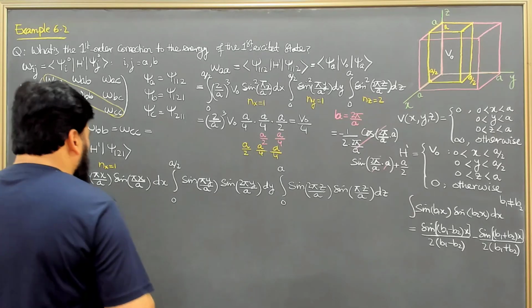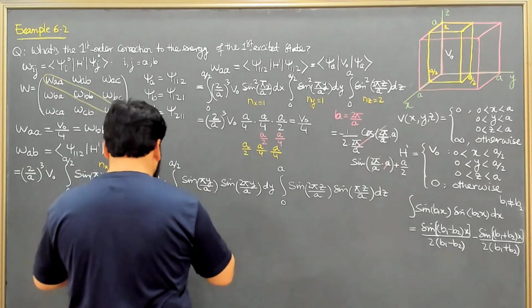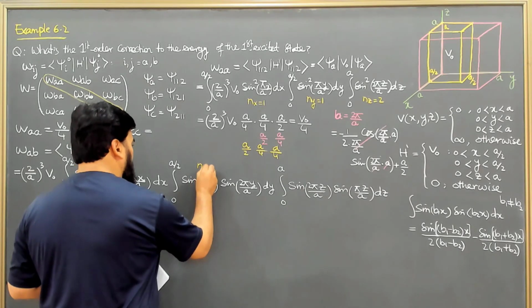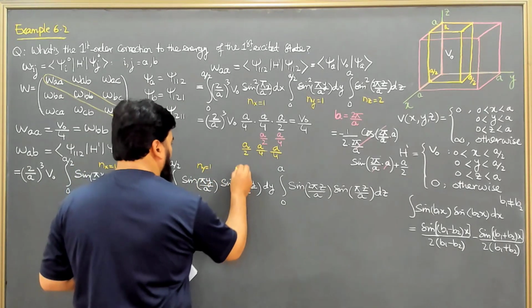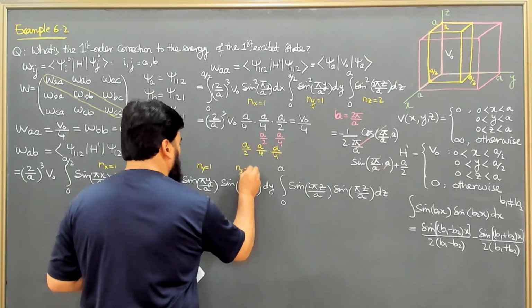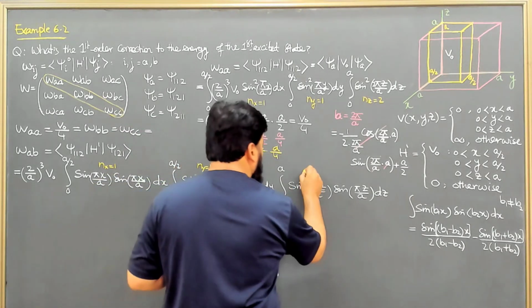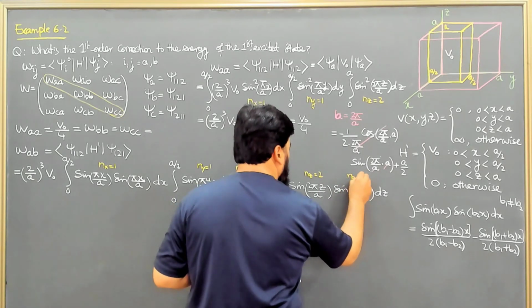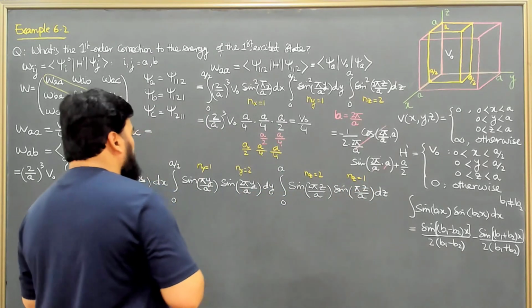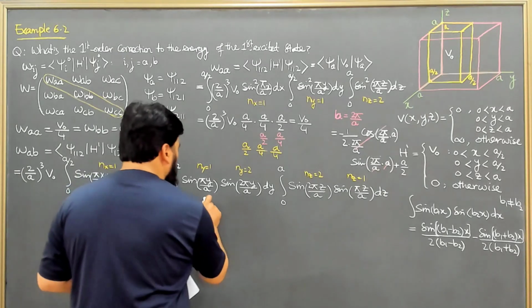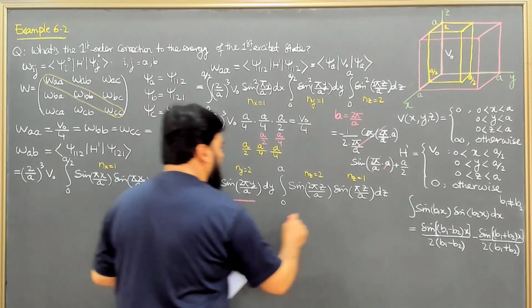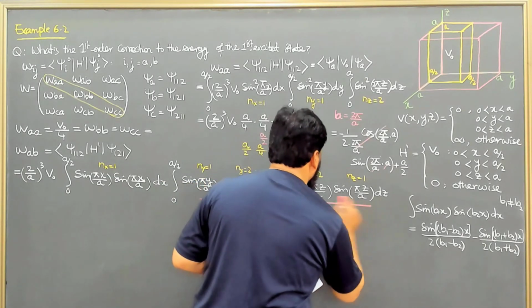We will utilize this formula on this one, in which we have ny equals 1 and ny equals 2, and nz equals 2 and nz equals 1. So we will apply that formula on this one, and this formula on that one.